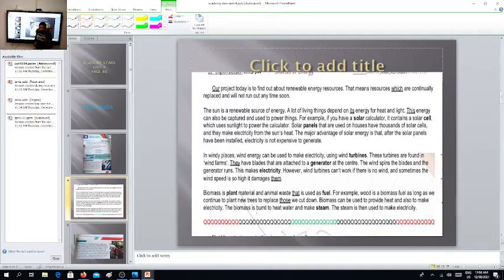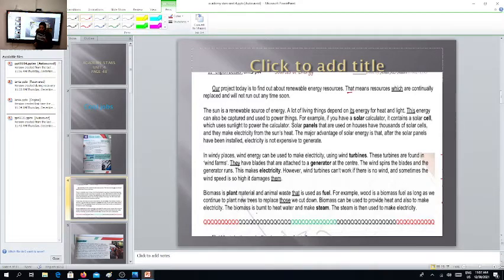Our project today is to find out renewable energy resources, that means resources which are continually replaced and will not run out any time soon.